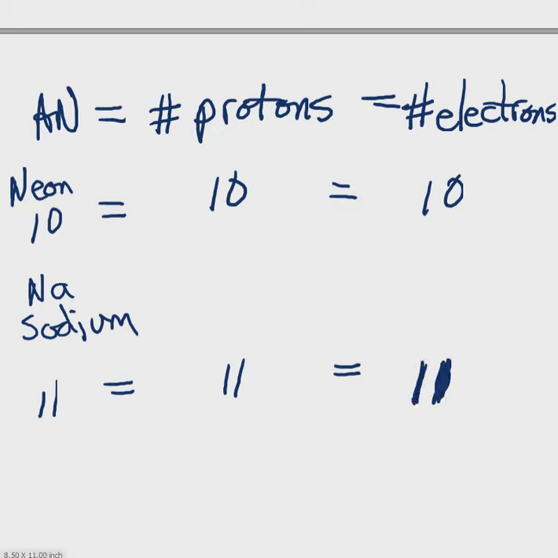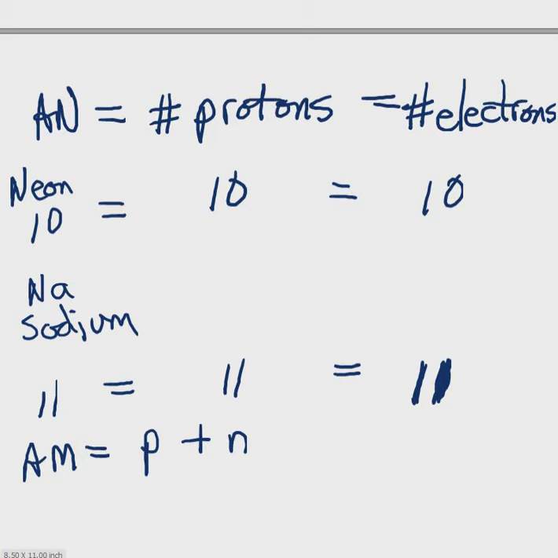Now, if we were to go with atomic mass, the atomic mass equals the protons plus the neutrons. But if you look at your periodic table, it doesn't give you your neutrons.